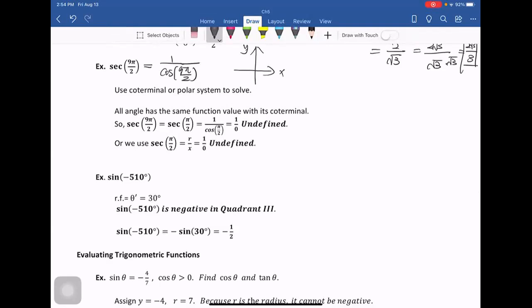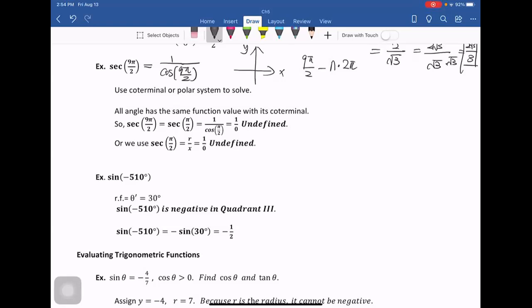That's a very big number. So I'd like to make it smaller to find the coterminal angle first. So if 9 pi over 2 subtract n times 2 pi to make it a smaller angle, I can easily find it in the XY plane.